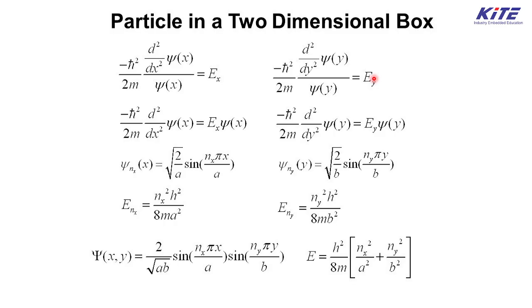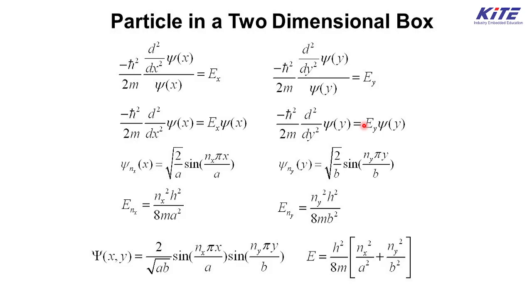The wave function inside the box can be solved by separation of variables: psi of x comma y is equal to psi of x times psi of y, which can be shown to lead to the equations minus h cross squared divided by 2m d squared psi of x by dx squared equal to Ex psi of x, and the same for y coordinates, minus h cross squared divided by 2m d squared psi of y by dy squared is equal to Ey psi of y.